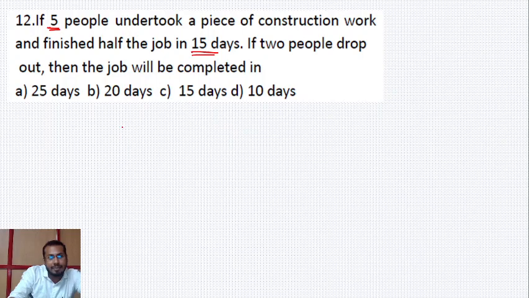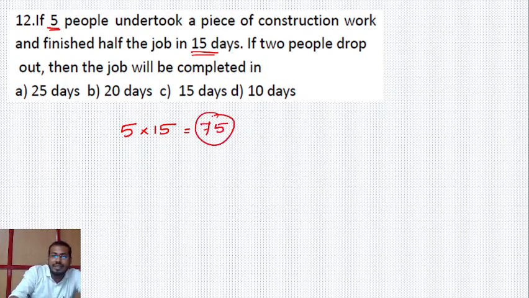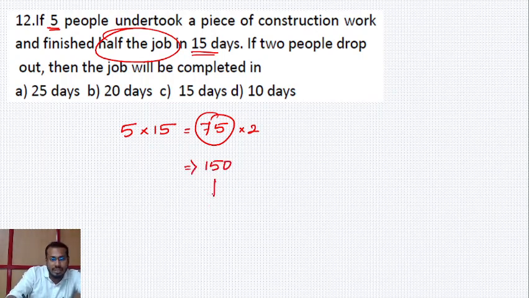So I can write it in men into days. 5 men, 15 days. What is this? 5 times 15 is nothing but 75. What is this 75? 75 is nothing but half of the job. So half of the job is 75 means for the complete job, the whole job is nothing but 150. So this is the complete job. So this is the work.